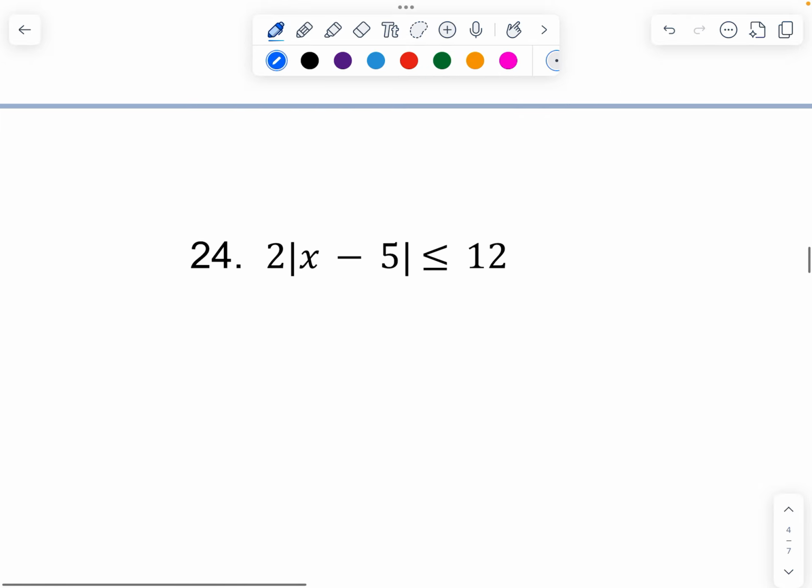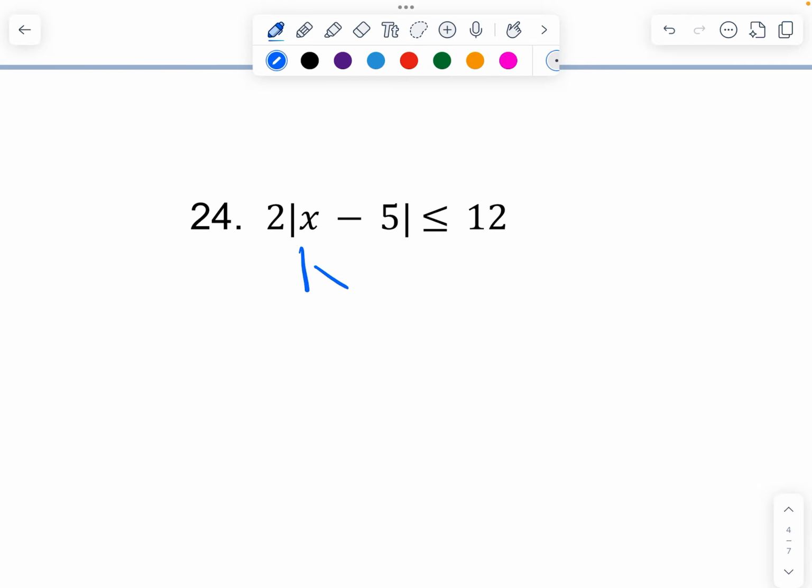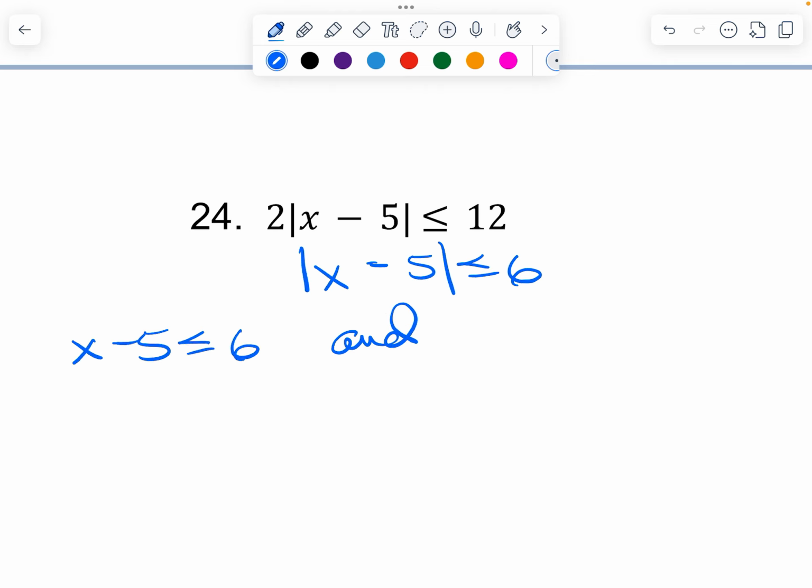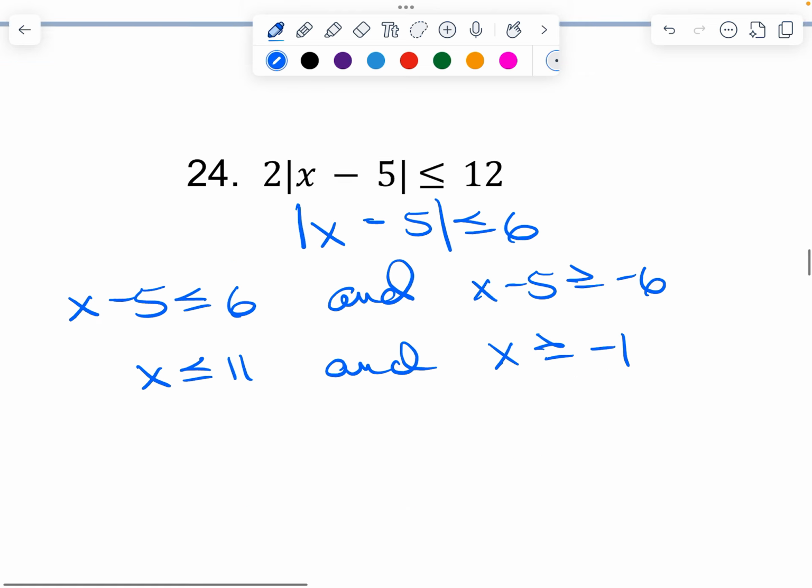Okay, number 24. Divide by 2, I get x minus 5 is less than or equal to 6, and x minus 5 is greater than or equal to negative 6. So I get x is less than or equal to 11, and x is greater than or equal to negative 1.